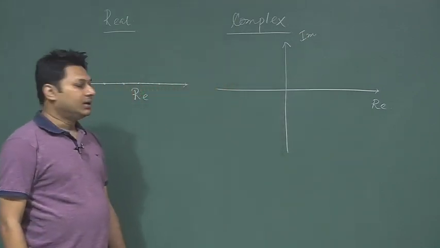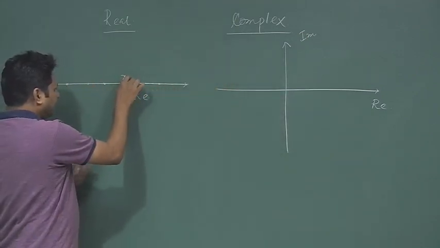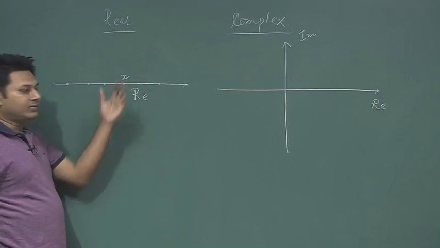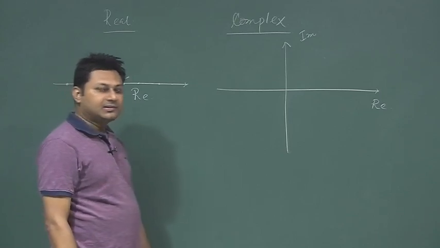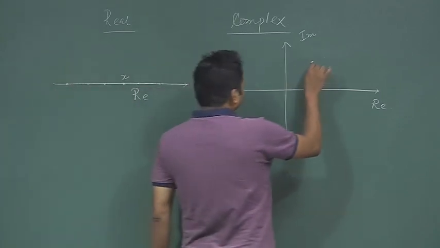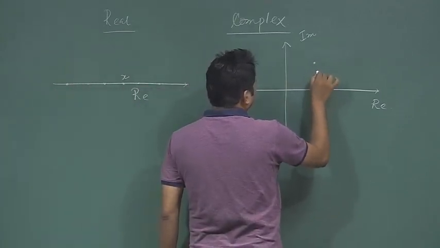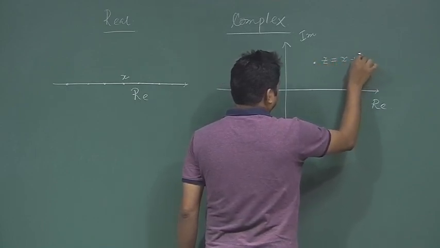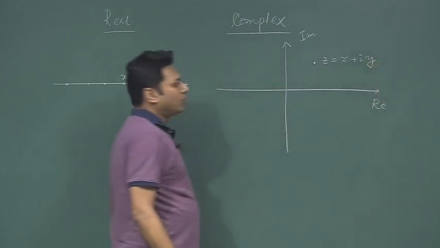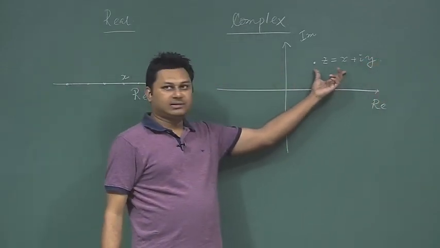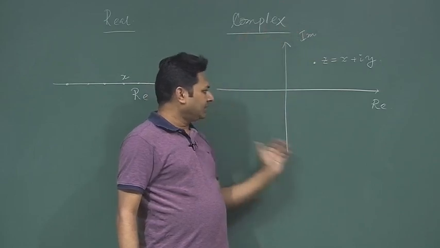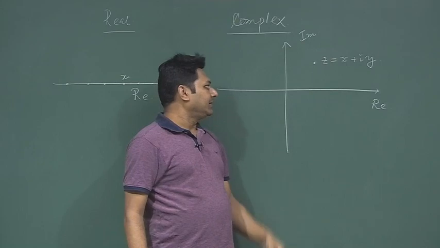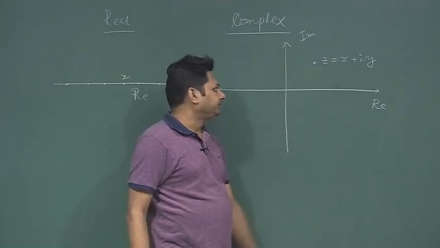A general point x is represented by a point on the real axis in real analysis, but in complex analysis things are slightly different. A point defined by z is not related to one coordinate, but to two coordinates, x and y. So the entire plane, all the points in this plane, represent complex numbers.